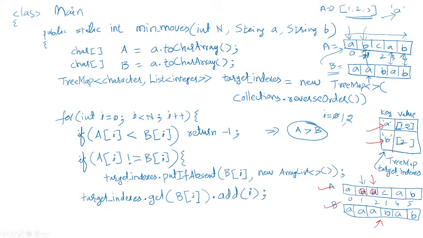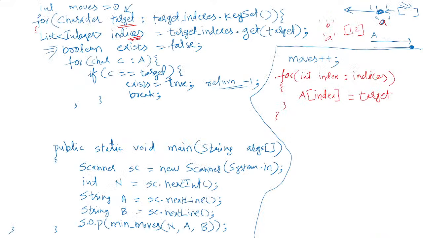Once all the elements are over from the dictionary, then the loop stops here. Once you come out, you are counting how many moves you performed, so you return that. Now you say return moves value.